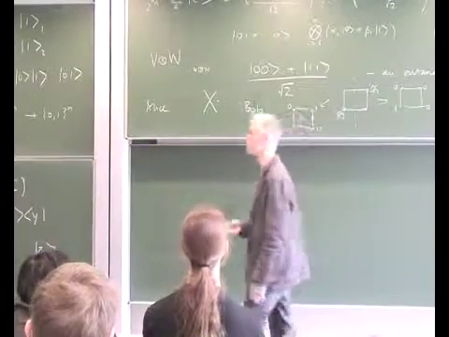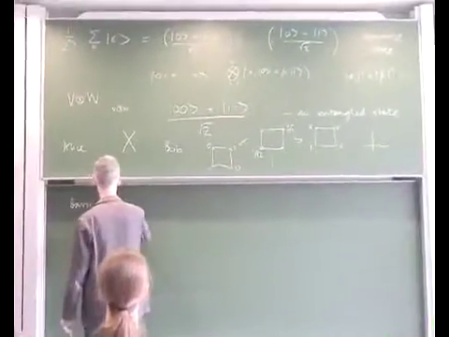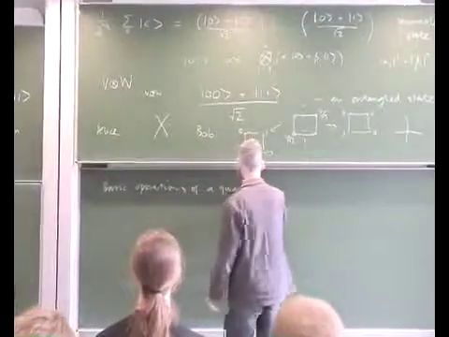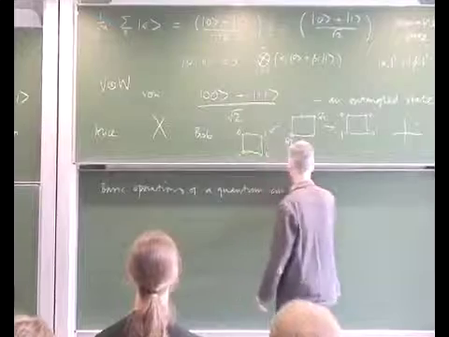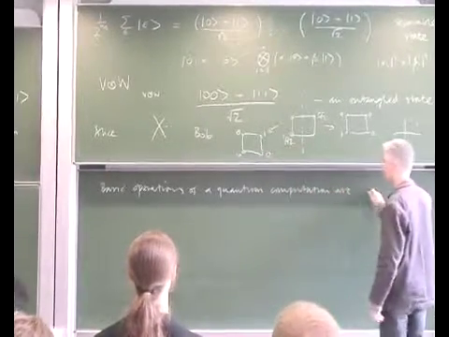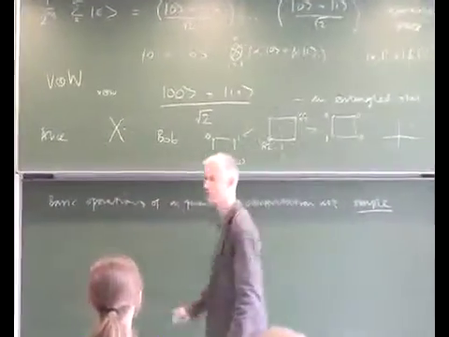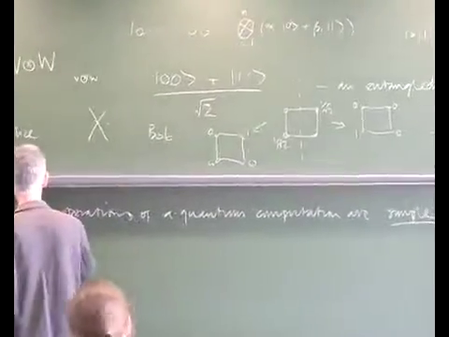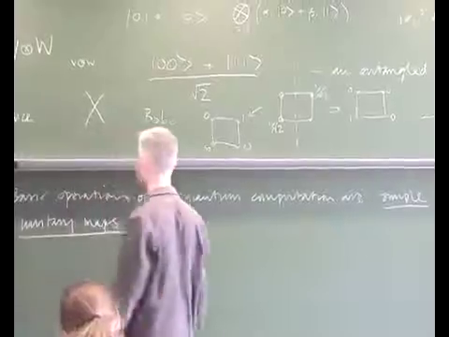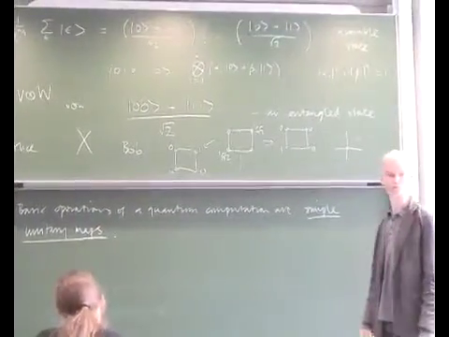So the basic operations of a quantum computation are simple unitary operations, unitary maps. And rather than say precisely what a simple unitary map is, I'm just going to give a few examples.